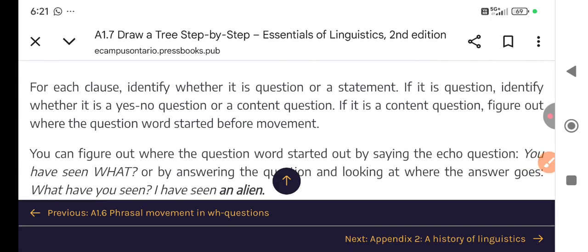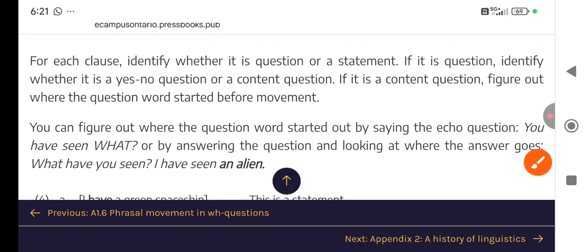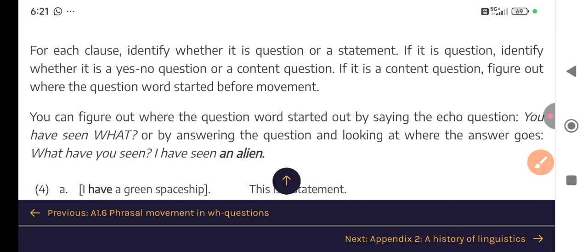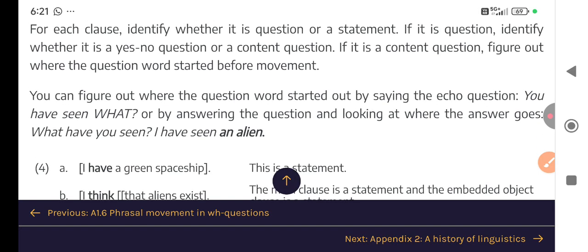For each clause, identify whether it is a question or a statement. So we have identified. Now, if it is a question, identify whether it is a yes-no question or a content question. We have found out. Now, if it is a content question, figure out where the question word started before movement. So if it is a content question, then we have to figure out where the question word started before movement.